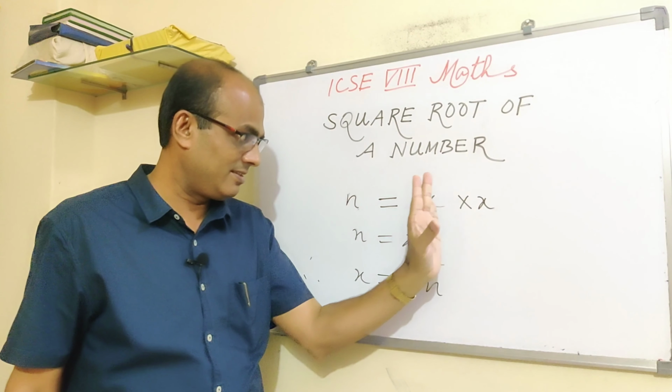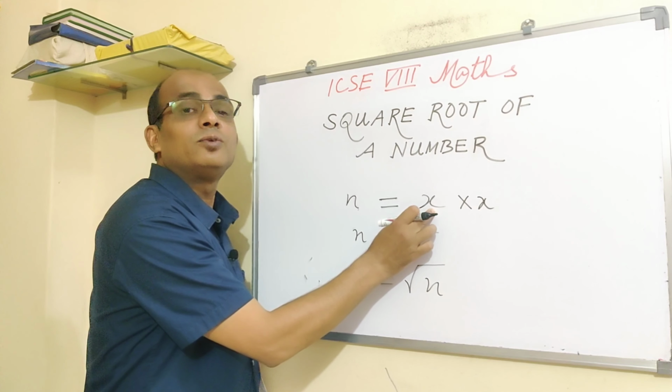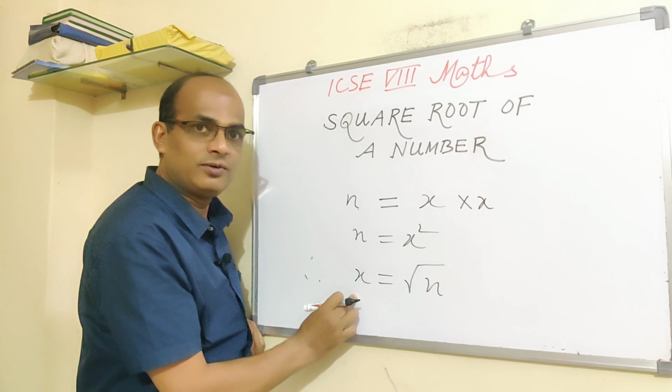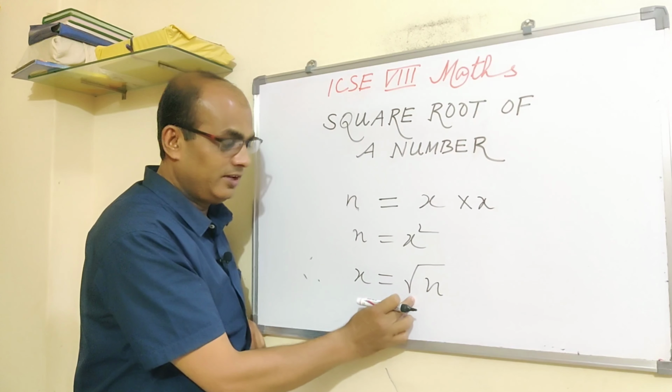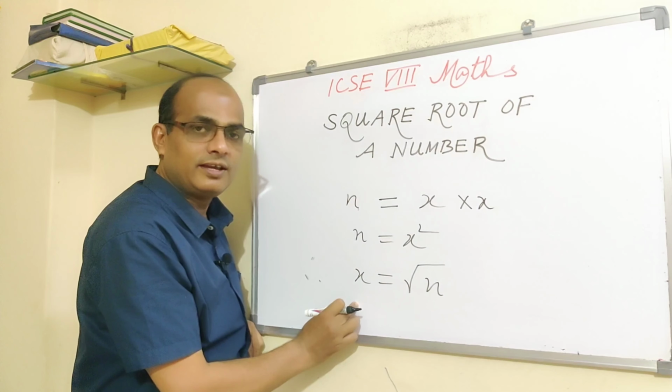If this is true, then x is called the square root of the number n, and we write square root of n is equal to x. This we read square root of n is equal to x, or root n is equal to x. Is that fine?